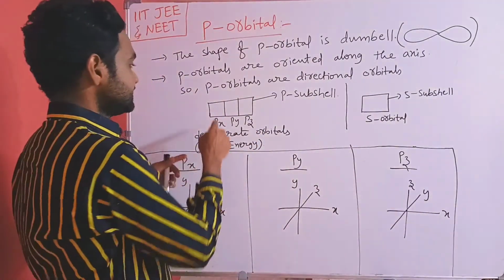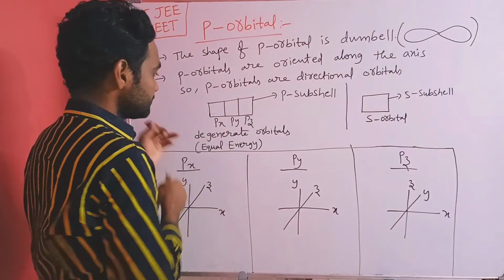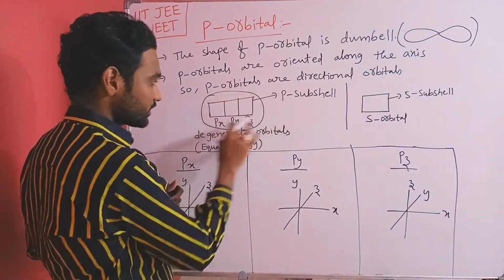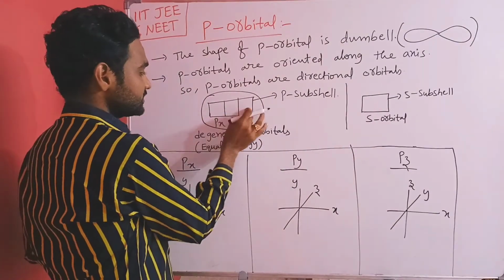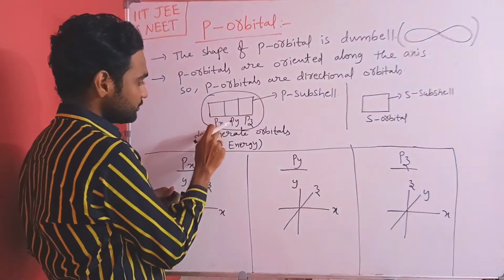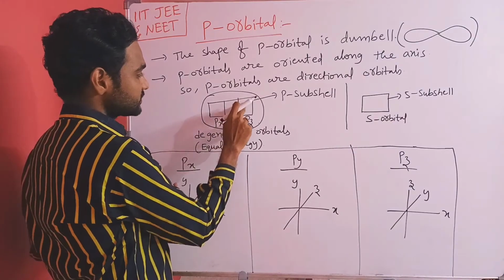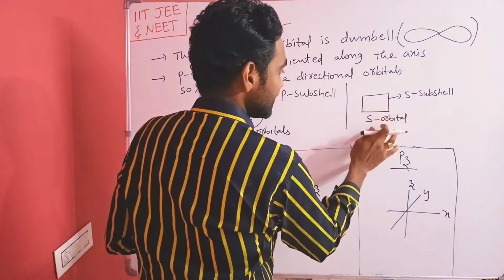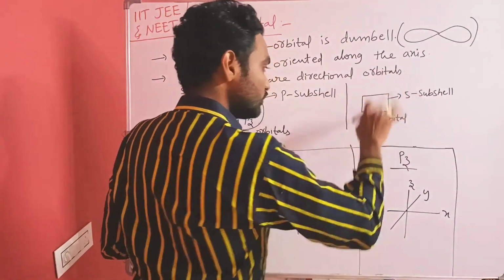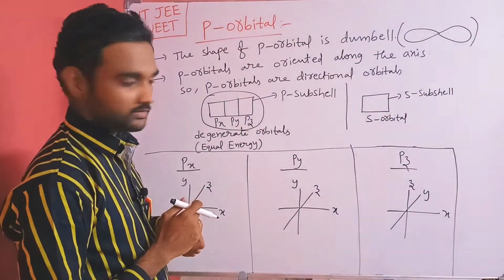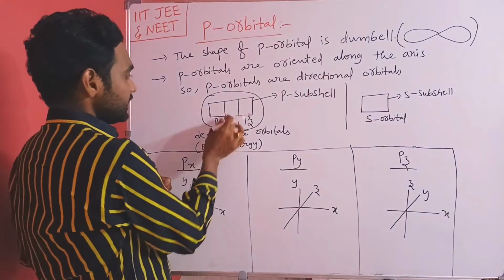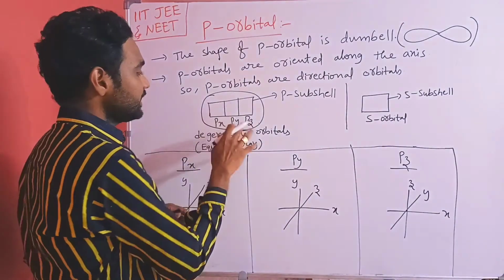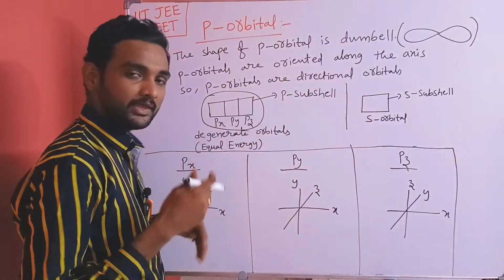See, this total is the p subshell, and each one is called an orbital. This one is the px orbital, this one is the py orbital, this one is the pz orbital. This is the s orbital, it is only an s subshell, only an s orbital. These are all degenerate orbitals, meaning they have equal energy: px, py, pz have equal energy.